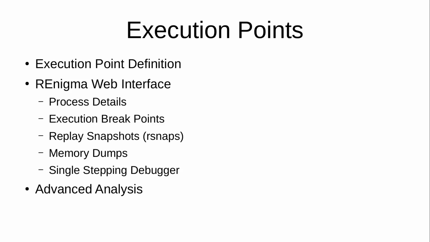Another action you can do is make a memory dump at a specific execution point. REnigma can then extract strings, memory maps, code, and data from that memory dump. You can then feed these memory dumps into tools such as Yara to identify malicious or interesting behavior.